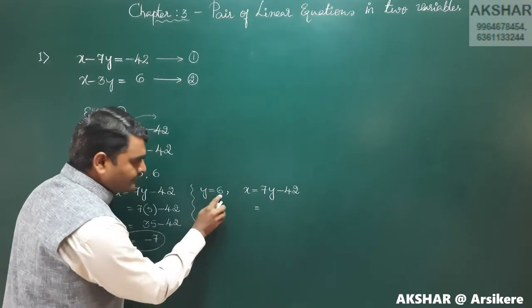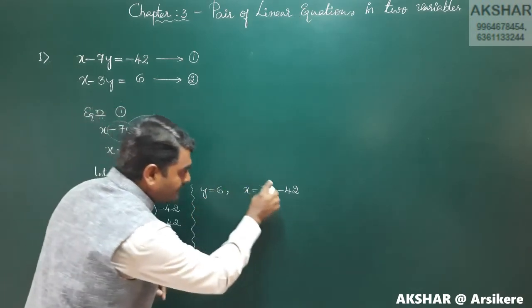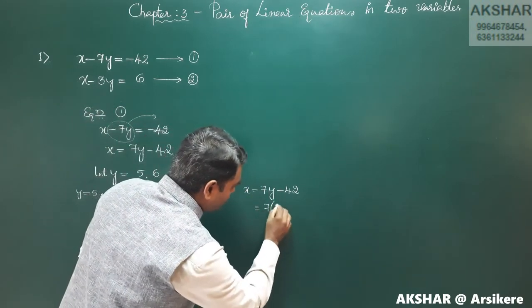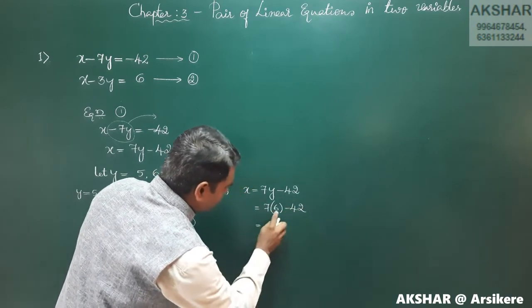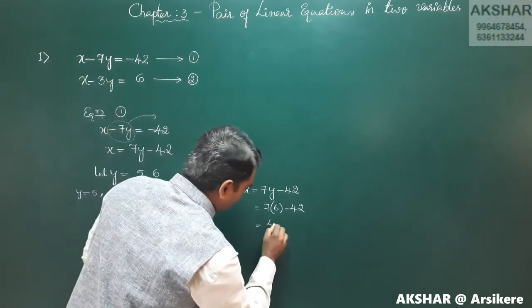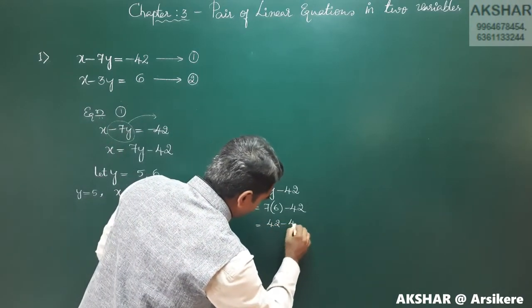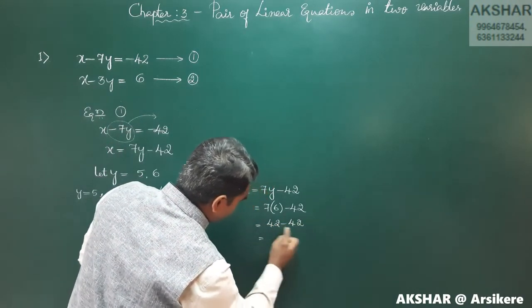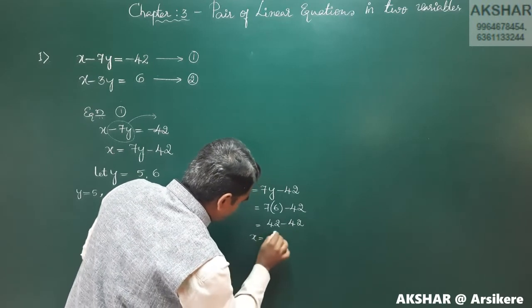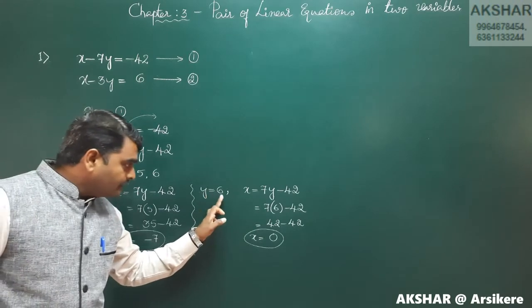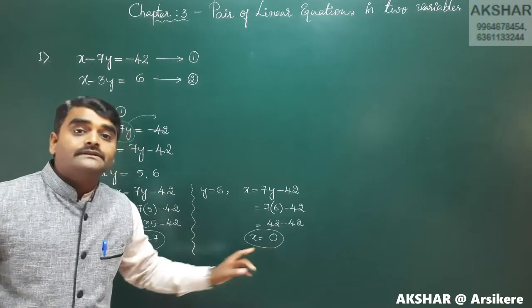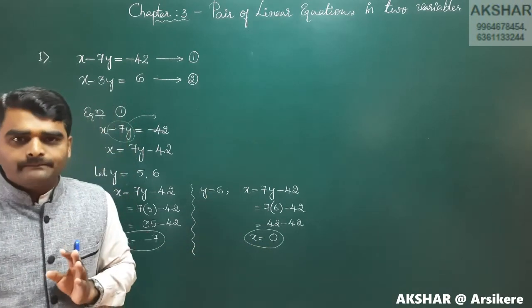Substitute y is equal to 6: 7 into 6 minus 42. 7 sixes are 42, minus 42, 0. So, my dear children, if y is equal to 6, then x becomes 0, right?